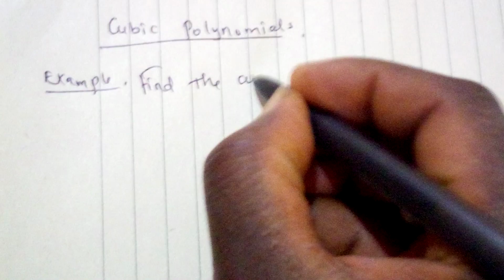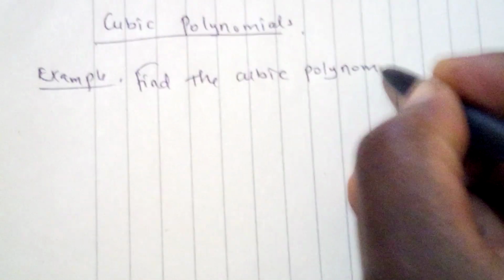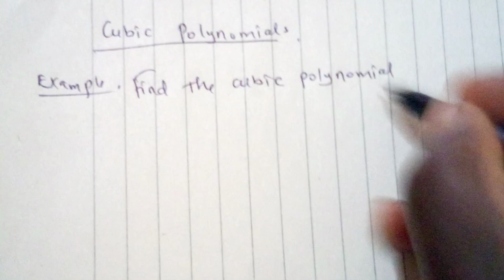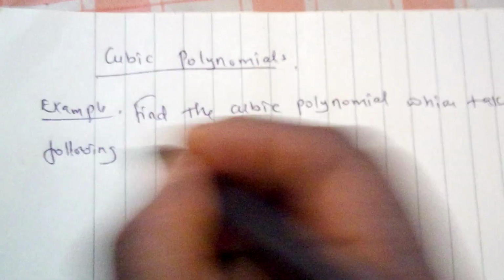So the question says, find the cubic polynomial which takes the following values.